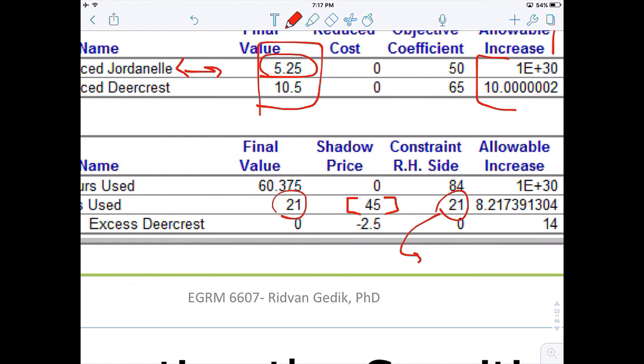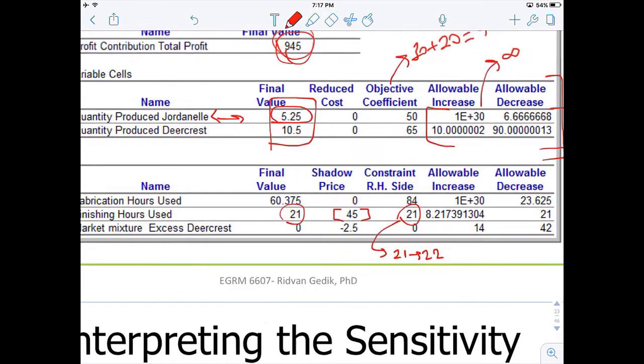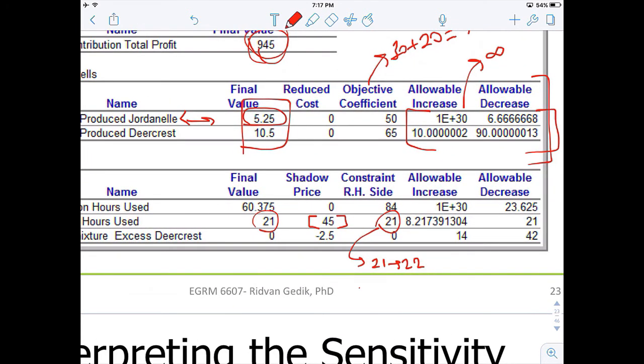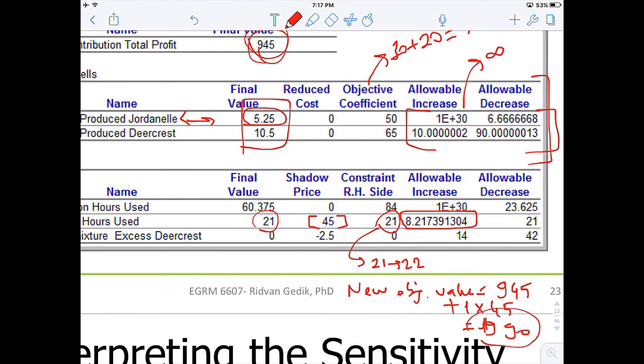Well, this implies that if you increase this to 22, then the new objective function value is going to be 945 plus 1 times 45, which is $990, right? Well, is it within the range? Yes, it is within the range because the allowable increase is 8.2, so a one-unit increase is within the range, so this new value is going to be 990.